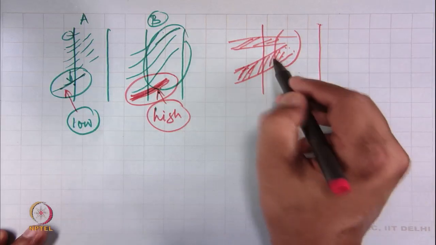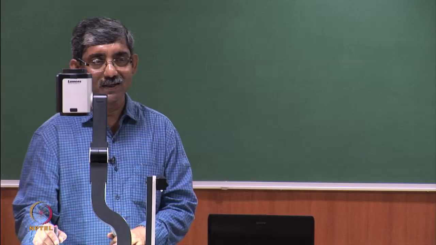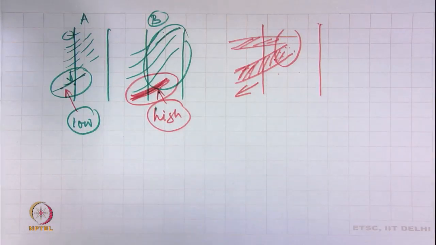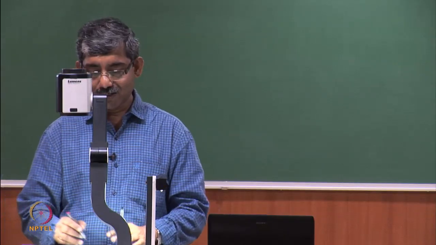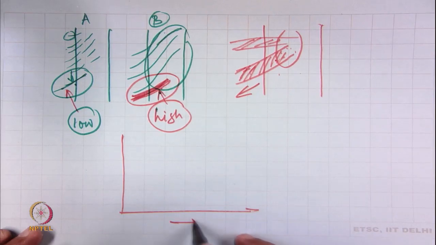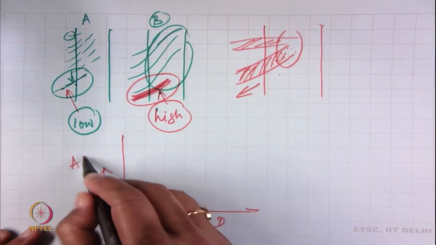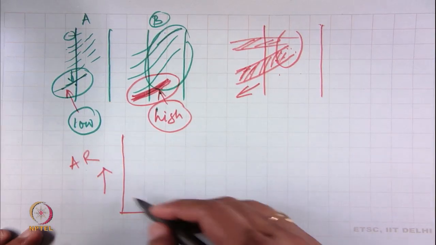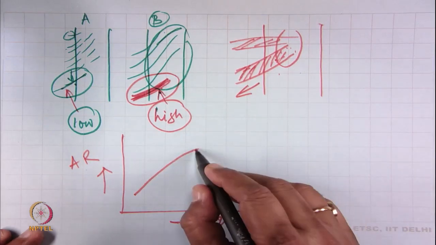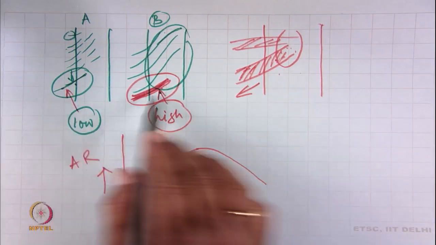So, fiber to fiber cohesion will be less, and specific surface area of the fiber will be less. So, this fiber will have a tendency to come out easily, because the holding power will reduce. That means, if we compare, this is the linear density of fiber and this is the abrasion resistance. Initially, with the increase in linear density, the abrasion resistance will increase, then after reaching a certain optimum, again it will drop. So, the reasons are explained here.